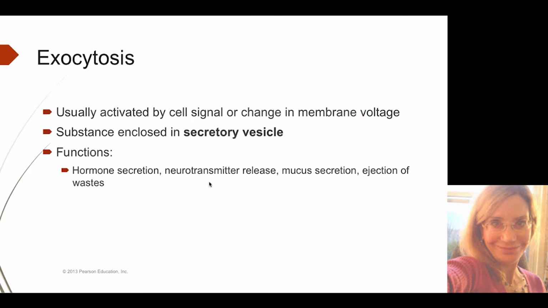So the neurotransmitter chemical will be stored at the axon ending of a neuron, and when it receives the signal, it will release it into the synaptic cleft. We'll get to that in more detail with the nervous system. Also, mucus secretion and ejection of wastes by the cell are undertaken through this type of exocytosis.